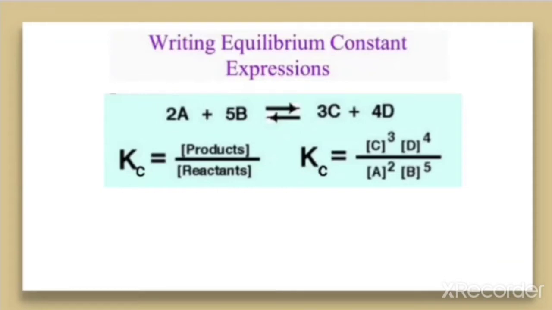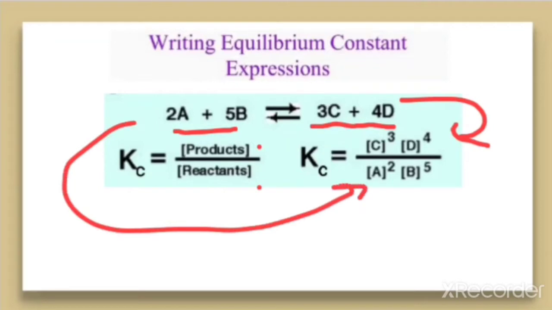So you need to make the formula: Kc is equal to concentration of product by reactant. The product side is written in the numerator and the reactants are written in the denominator.